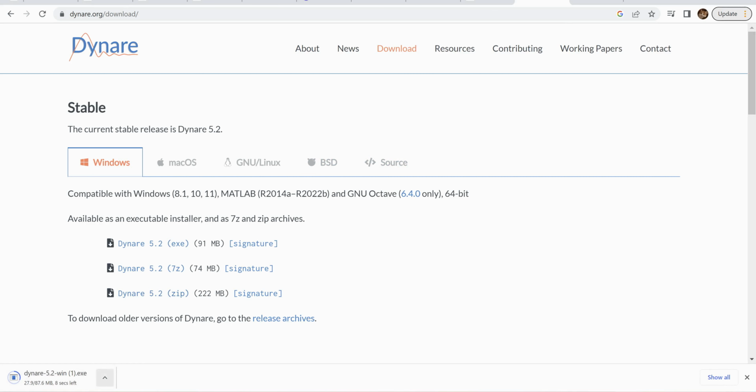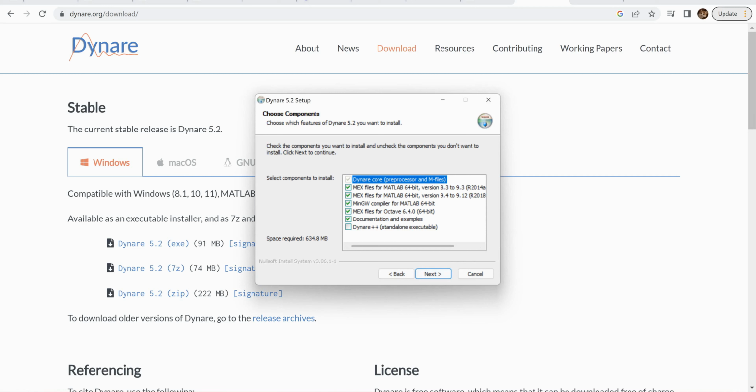This thing downloads. I'm going to let it run when it's done. Now you'll notice there are several options here, but notice the last one, Dynare++. That is not checked, but if you don't have access to Matlab, then Dynare++ is a standalone version of Dynare.